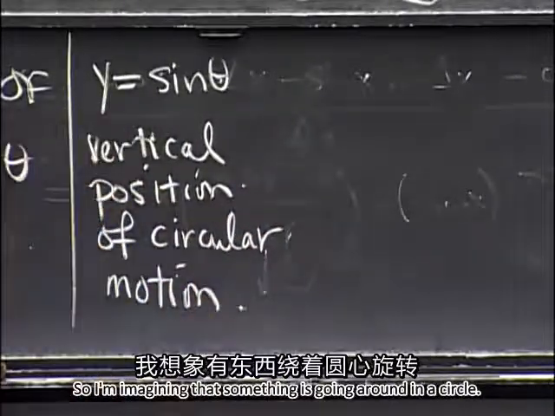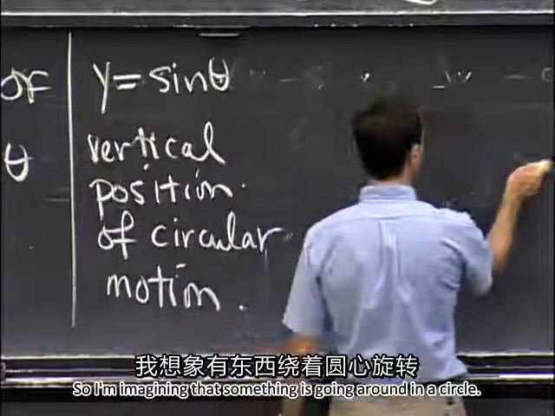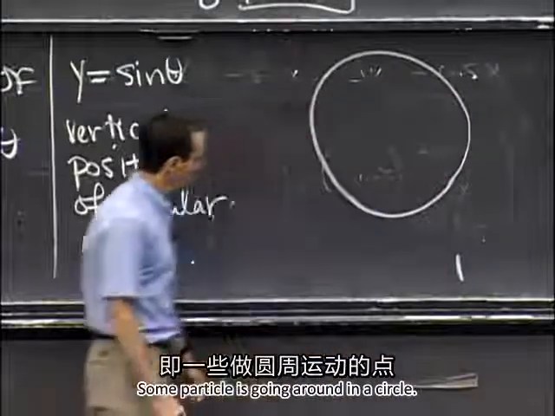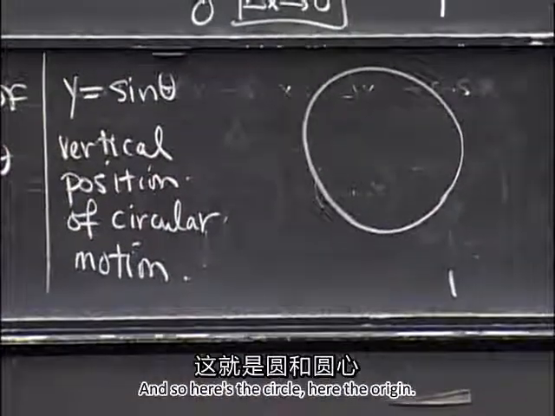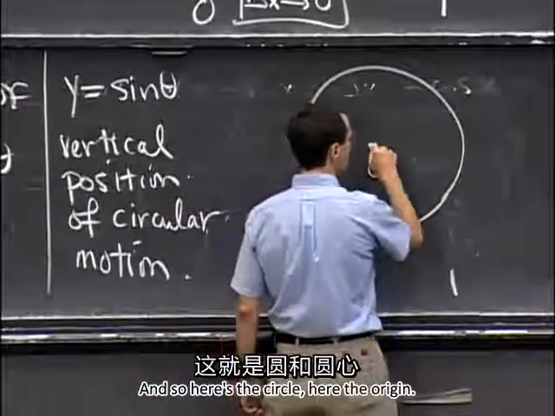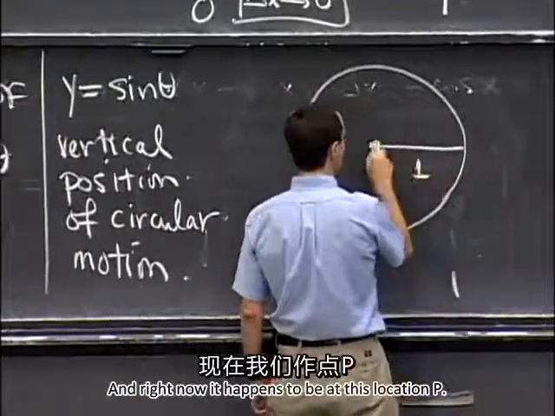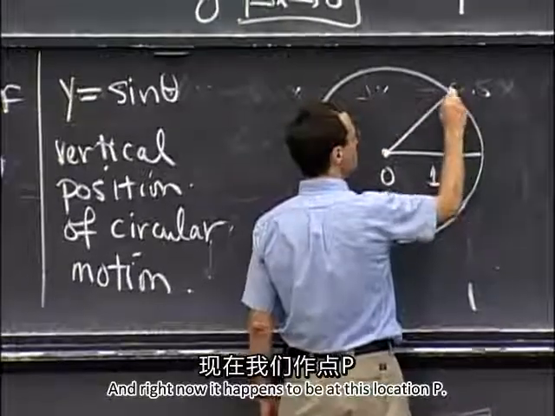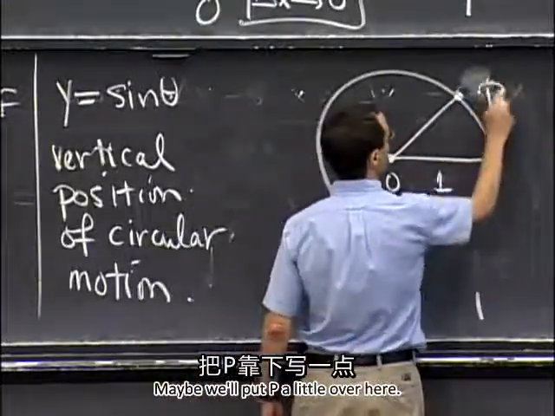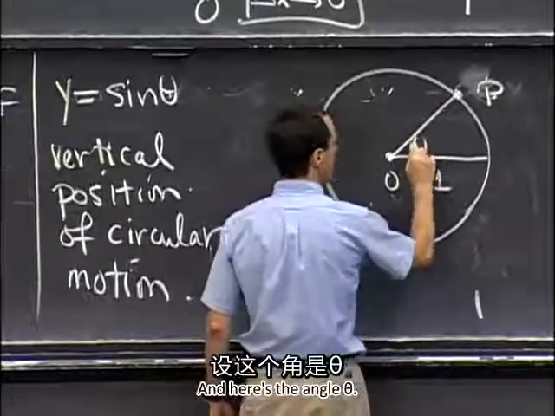So I'm imagining that something is going around in a circle. All right, some particle is going around in a circle. So here's the circle, here's the origin, this is the unit distance, and right now it happens to be at this location P. All right, maybe we'll put P a little over here. And here's the angle theta.